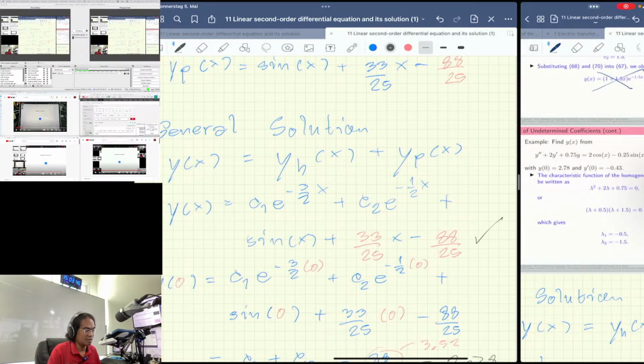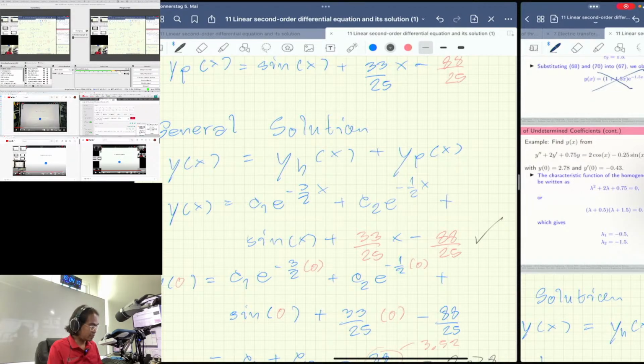Let's say y(0) equal to 2.78. If we put the initial condition, they have also provided. Yes, great, they also accept the initial condition.